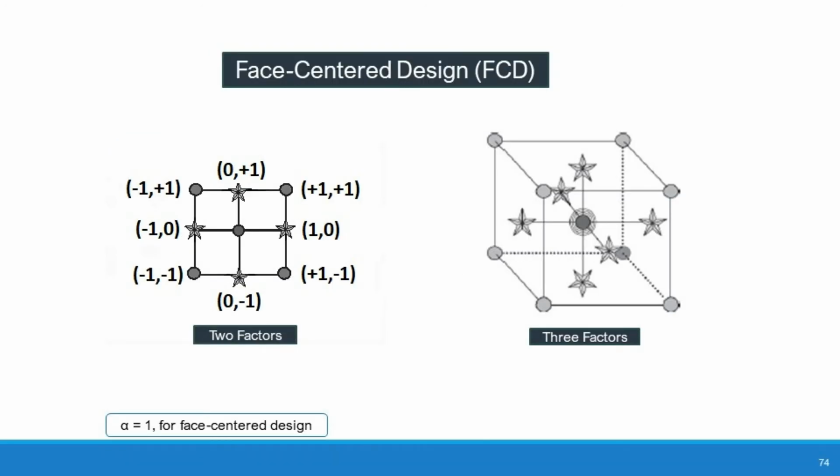Unlike a regular CCD, you can see that the additional star points are just on the edges of the box or on the faces of the cube. These points do not protrude outside the factorial box. Also, the alpha value for an FCD is equal to 1. And lastly, unlike a regular CCD, only 3 levels of a factor are included in the design. These levels are the lower minus level, center or 0, and higher plus level.